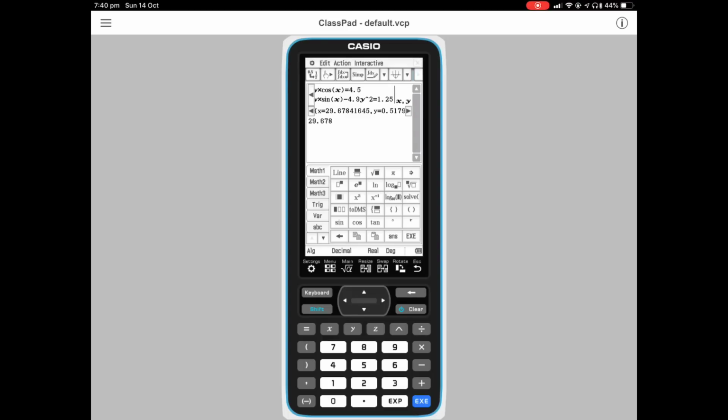Can we say, given 0 is less than or equal to x, which is less than or equal to 90, and do the same here. What? What have I done? 1.25.